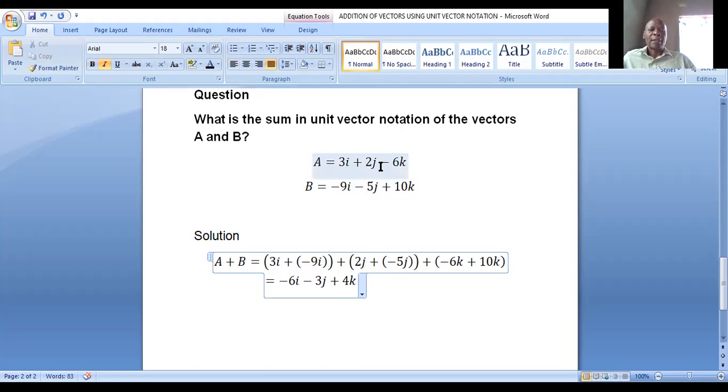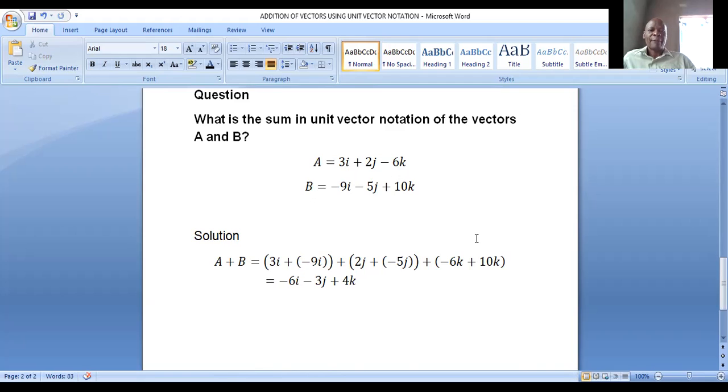And if we add the 2j and minus 5j, it gives us minus 3j. And if we add the minus 6 plus 10, it gives us 4k. And so this is the value that we get for the addition of vectors.